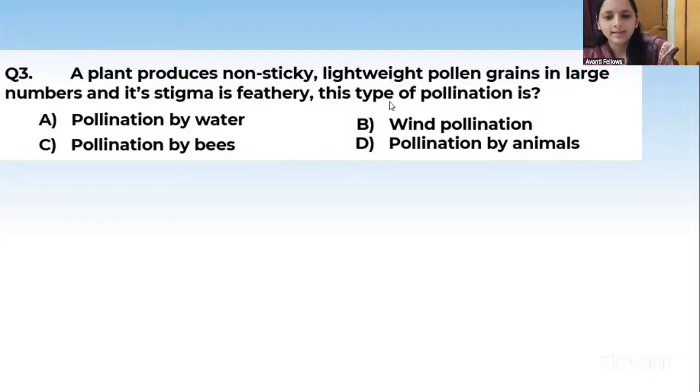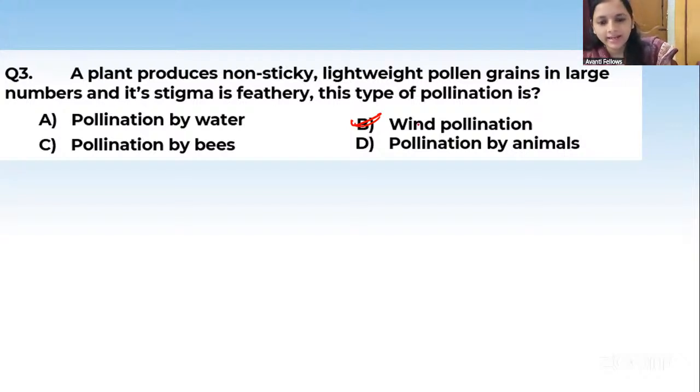Okay, guys. The correct answer is wind pollination. Very good, Lartu. Yes, Sanju. In wind pollination, the pollen grain should be lightweight and not sticky, and the stigma and the stamen should be exposed. We studied that in the last class, right?